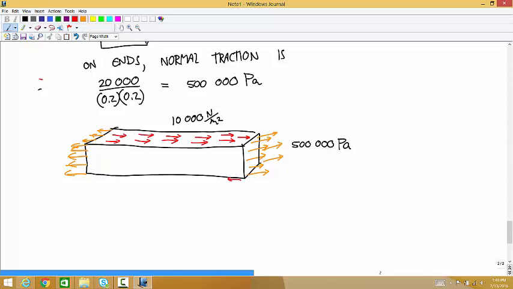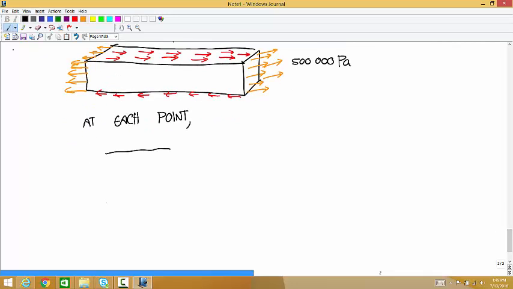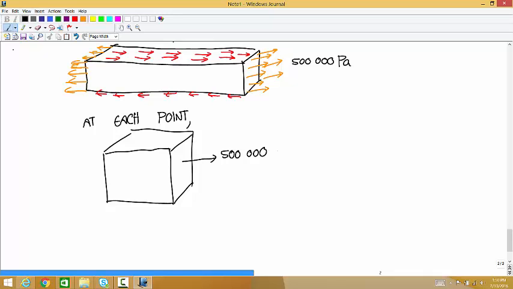And on the bottom, we have the equal and opposite. And so at each point inside, the stress element looks like this. 500,000 pascals in the XX direction.